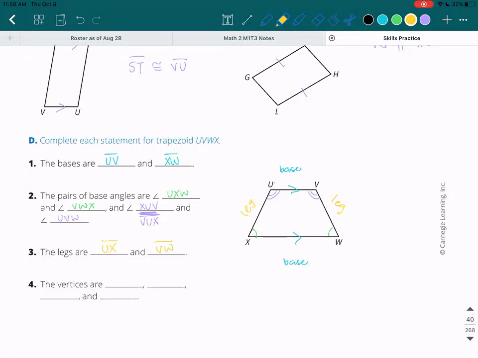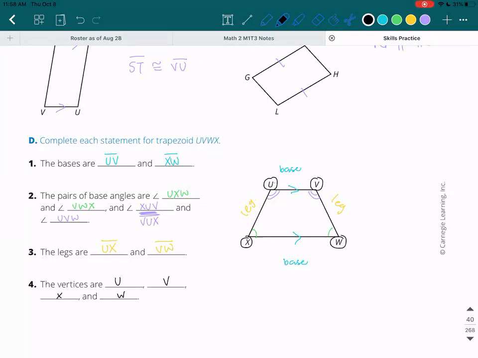Okay. And then last but not least, the vertices are just the four corners. So you could just call them U, V, X, W. Those are your vertices. Just the four corners, these four letters, U, V, X, W. Those are your vertices.